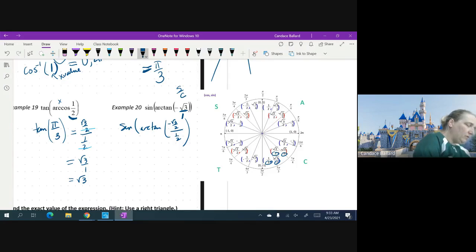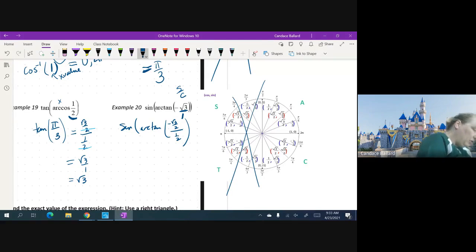So which quadrants is arctangent valid in? Can you tell me that? Which quadrants is arctangent valid in? All right, nice. 1 and 4, perfect.